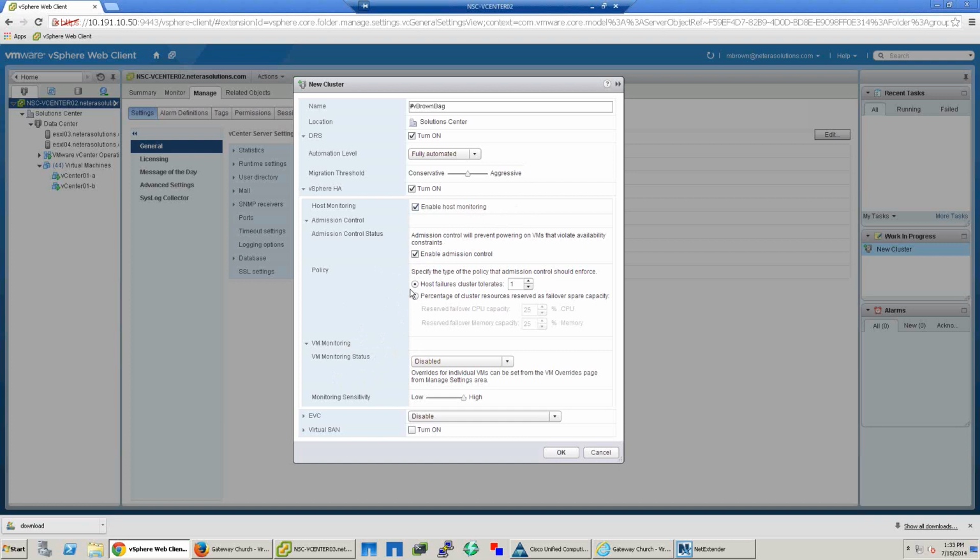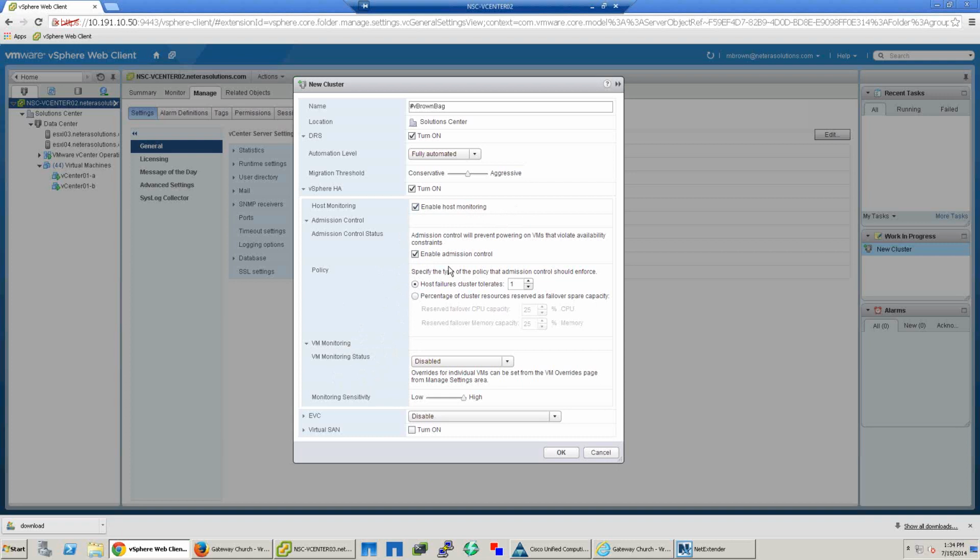So admission control, we're going to hit on all this in the coming slides, but admission control is a feature of HA that essentially ensures that HA can do what we're asking it to do. It's almost protecting us from ourselves in a way, right? It ensures that we don't power on more virtual machines than we need in order for HA to do its job, which is restart virtual machines, right?